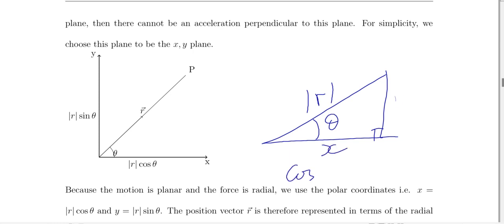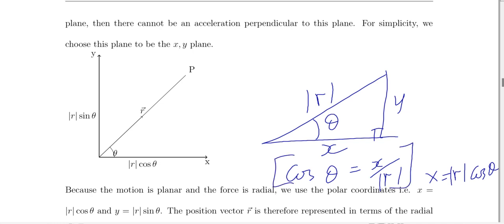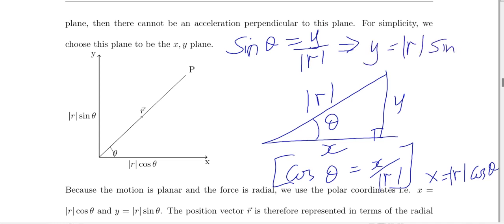If this side is x and this side is y, then cosine of theta is equal to x over the magnitude of r, which implies that x is equal to the magnitude of r times cosine of theta. Similarly for y, sine theta is equal to y divided by the magnitude of r, and from this we get y equal to the magnitude of r times sine of theta.